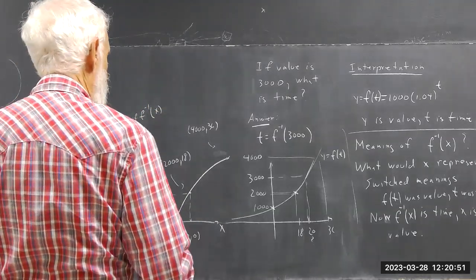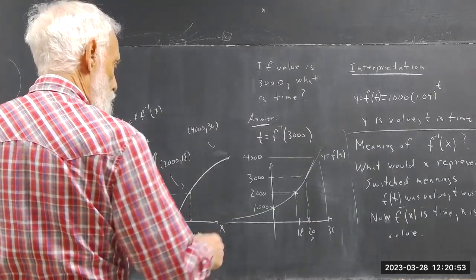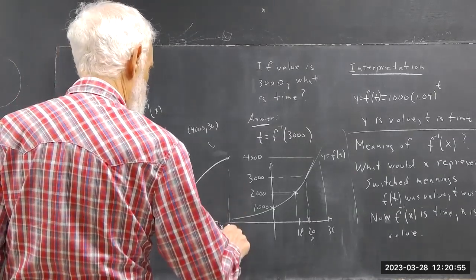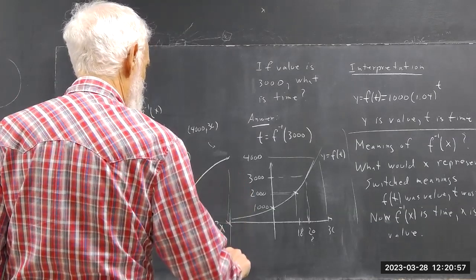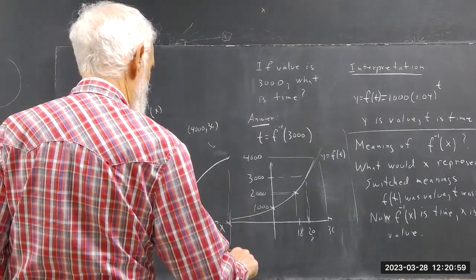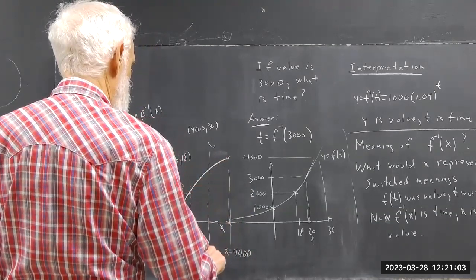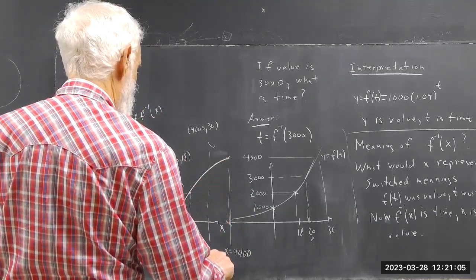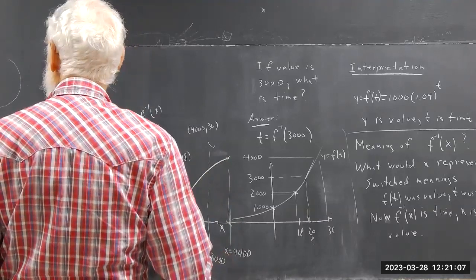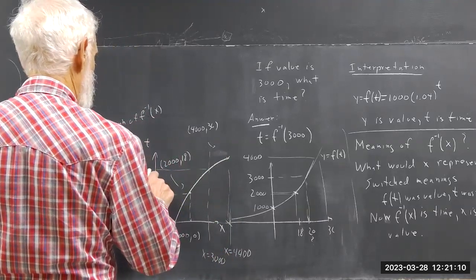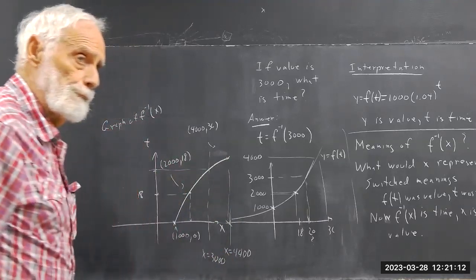And we can see, if I want to know when the value is 3,000, it would be maybe here, and we could estimate the time.